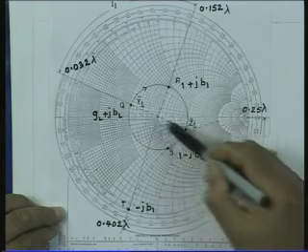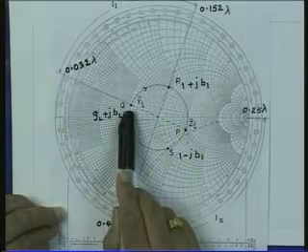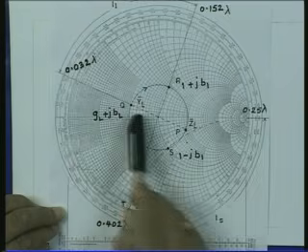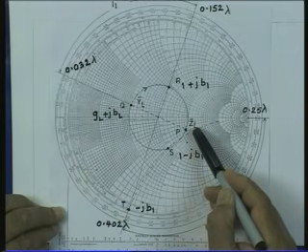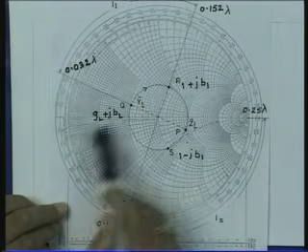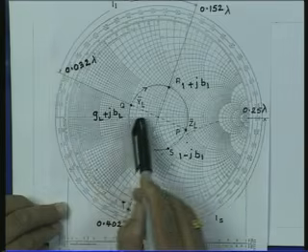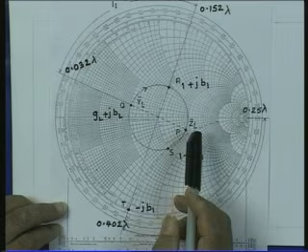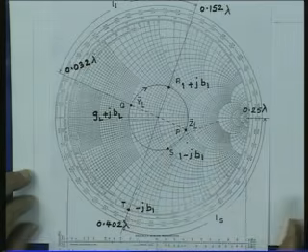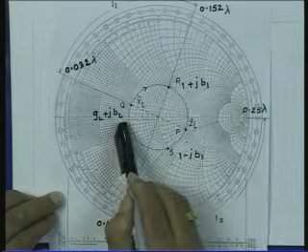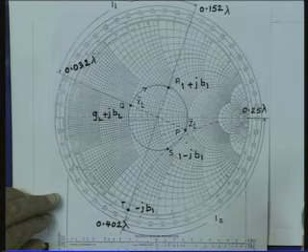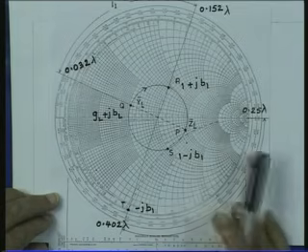So this point, diagonally opposite point Q, gives me the normalized admittance corresponding to this normalized impedance. Let us say that the normalized load admittance is GL plus jBL. So, essentially our single stub matching starts from here. This is the admittance which is to be matched by using a single stub matching where the stub is connected in parallel with the main line.